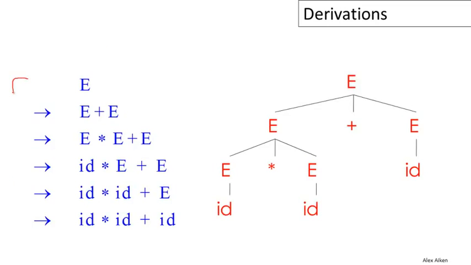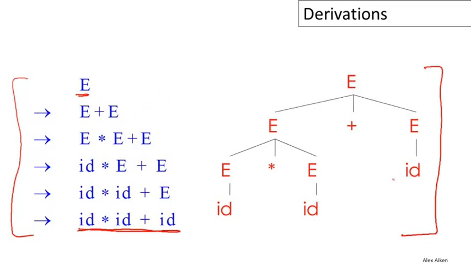Over here there is a derivation beginning at e and ending in the string that we're interested in, with one production applied at each step along the way. And here is the corresponding tree. This is called a parse tree. This is a parse tree of this expression, or of this input string.